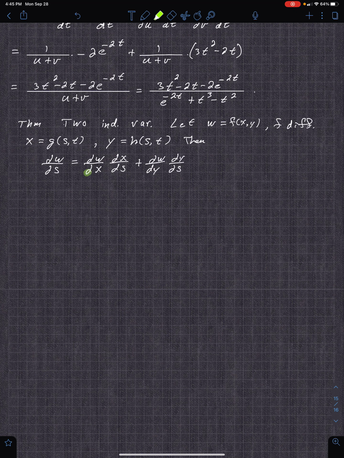Okay, so try that one. So you get partial w with respect to x, partial x with respect to t now, plus partial w with respect to y, partial y with respect to t. So you gotta hit each one as you go, but when you drill down all the way, you gotta pick one.